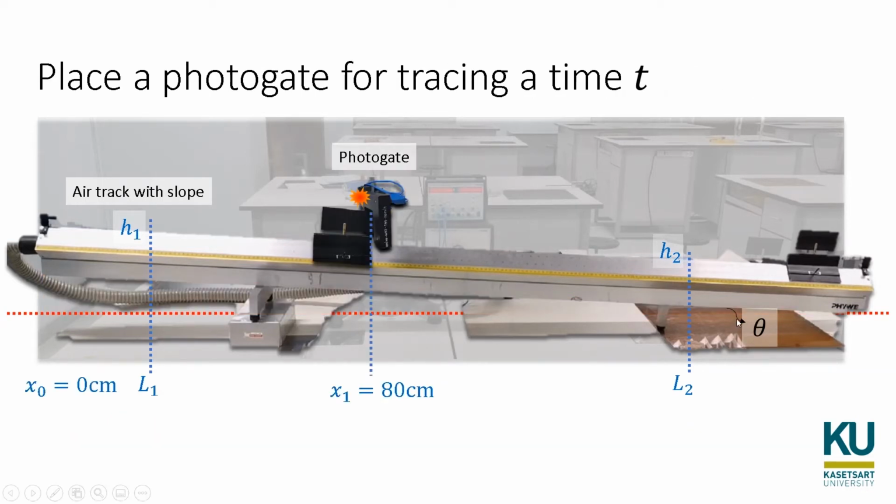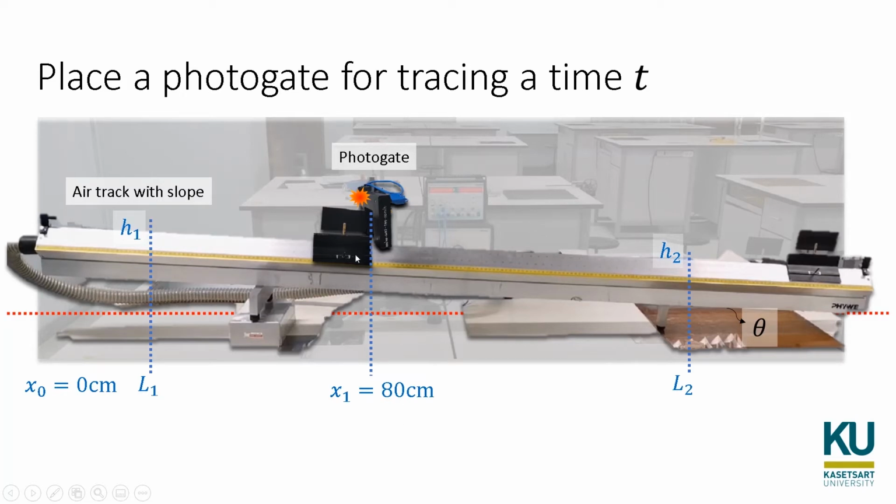After you know the angle of this slope, now you need to mark the position of your photogate. The photogate can be anywhere, but I recommend the 80 centimeter point.